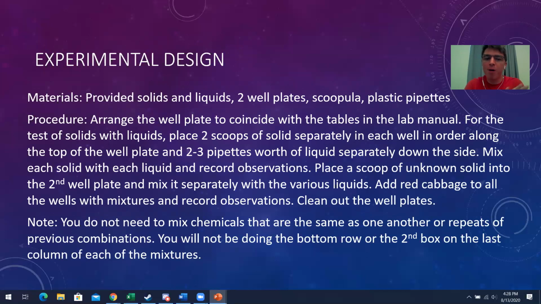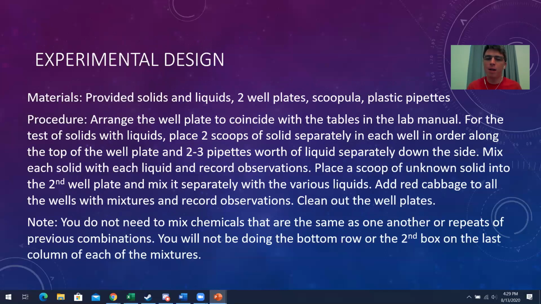So a brief outline of what we're doing in this experiment. You guys can watch the actual experimental video where I'm in lab performing these, as one of the other videos that's up here. But basically what we're going to do is test all of our known substances. We have some known solids and some known liquids, and we will look at the individual knowns by themselves to figure out what they look like.